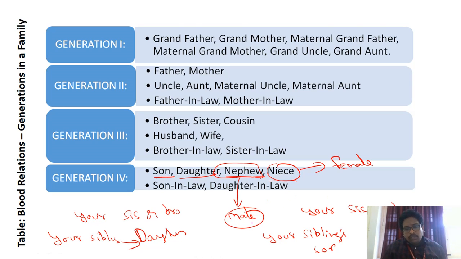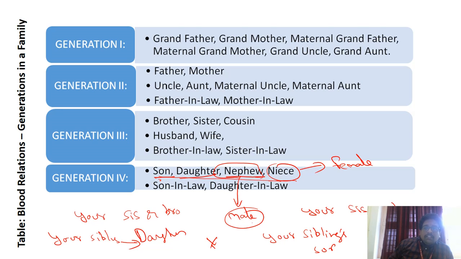So nephew is a male term and niece is a female term. Now suppose, let's say you have a niece called X and you are a male person. So for X you will become uncle or aunt. That's it. If you are male you'll become uncle, and if you are female you'll be called aunt. Clear? So that is generation fourth, blood relation.